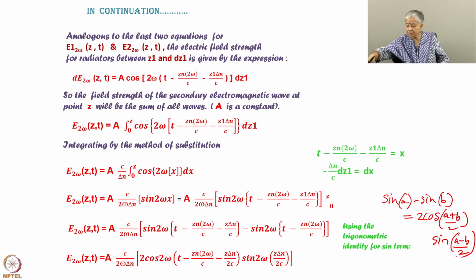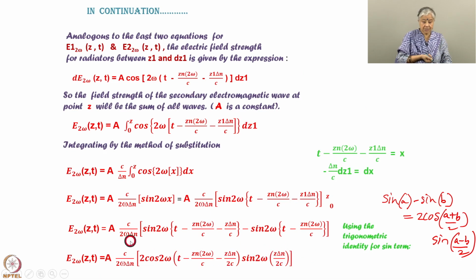You must be knowing it. So, I will just use this identity and I come to this value. So, this is my final equation, which is a multiplication of a cos term and a sine term, all in 2 omega.